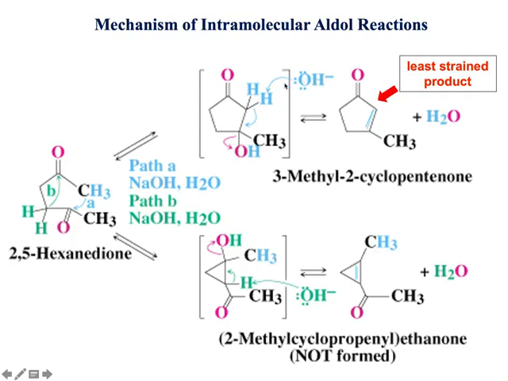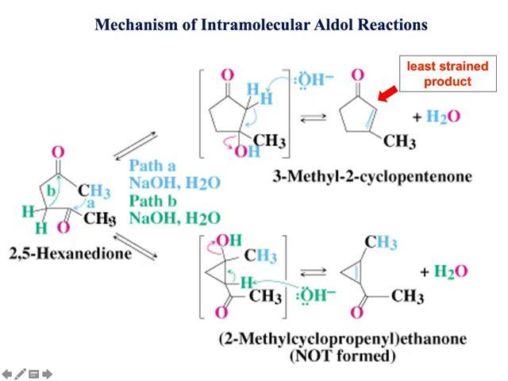Using base, the base abstracts this proton. Once you remove it, this one becomes a pi bond, and this one becomes OH. So you get here the aldol product. Continue dehydration, so you form the alpha beta unsaturated product.